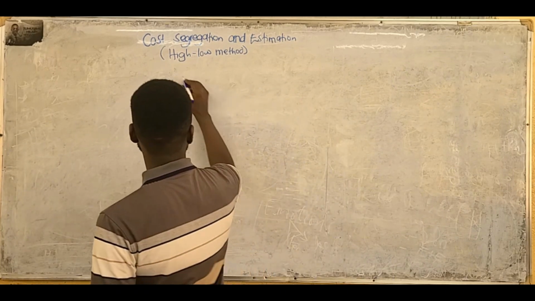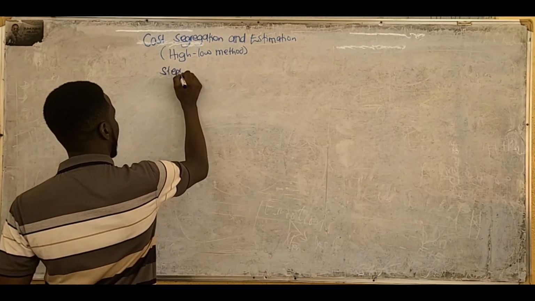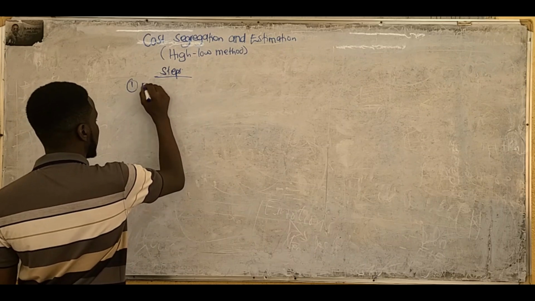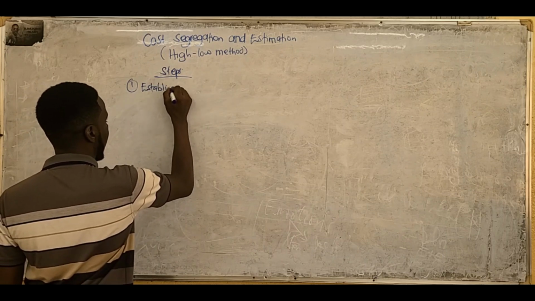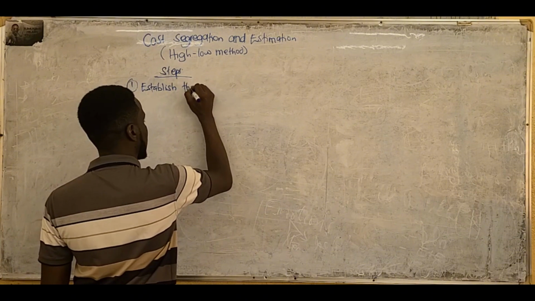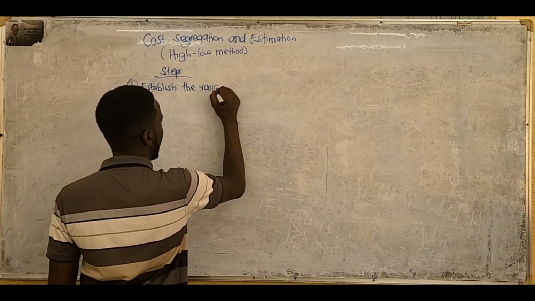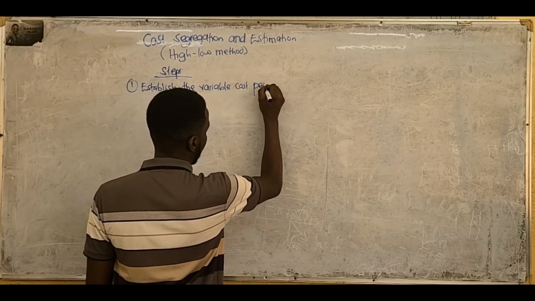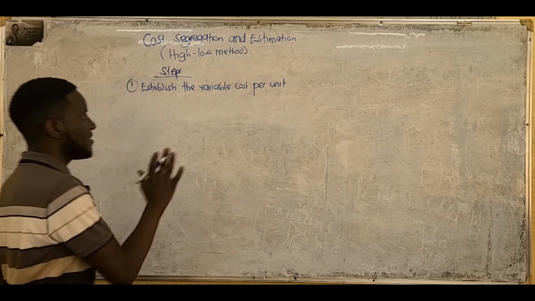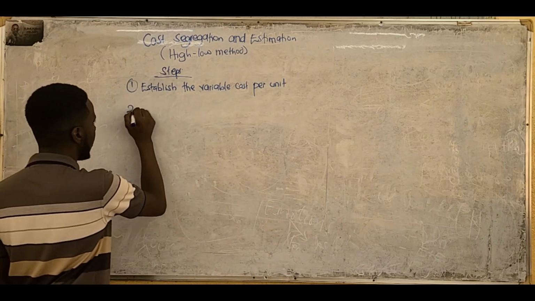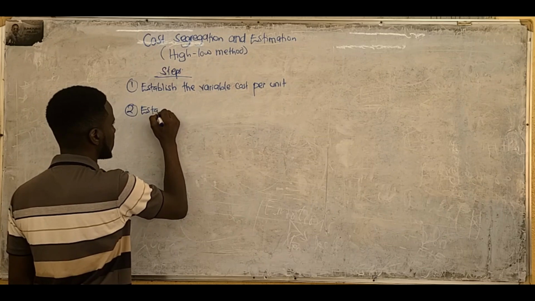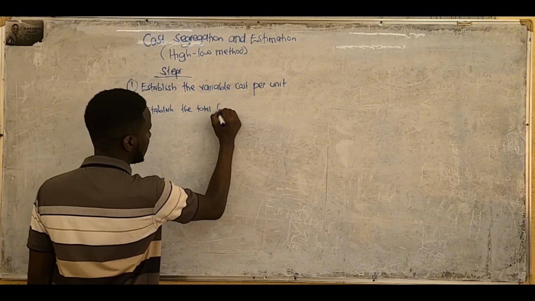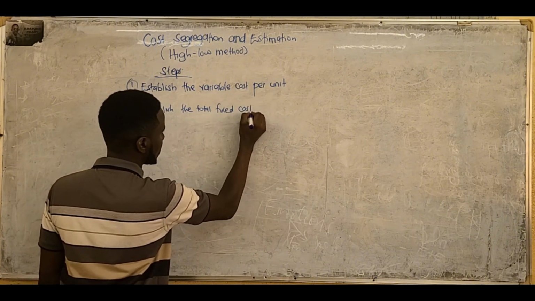Let me give you a few simple steps that we are going to use. One, the very first one is you establish the variable cost per unit. This is the very first thing. Then two, you establish the total fixed cost.